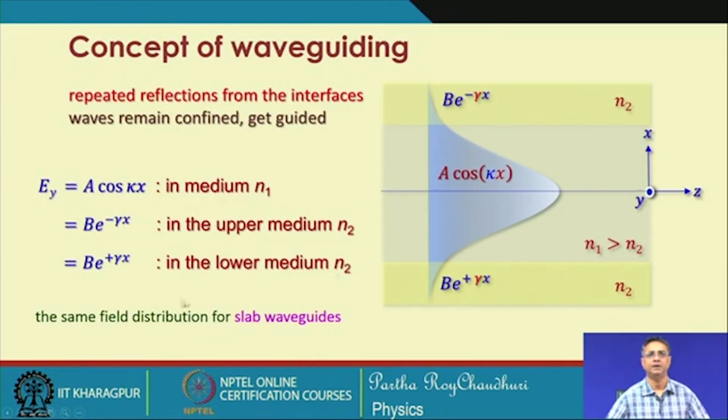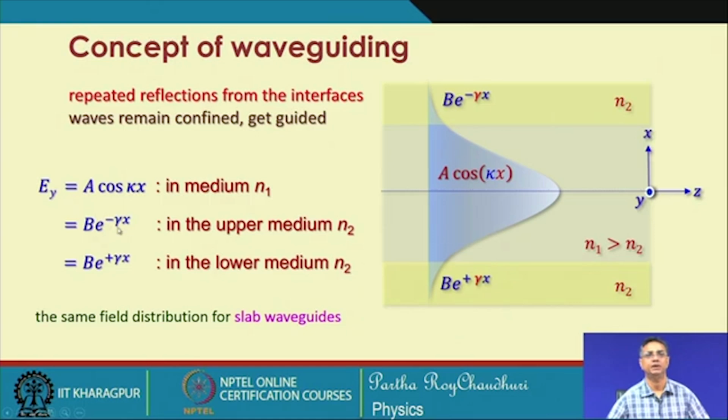So, if I put all the electric field components across the regions, we can write u equal to a cosine kappa x for this intermediate region, that is for the medium in which the wave is mostly confined, and b to the power of minus gamma x will be for this region.